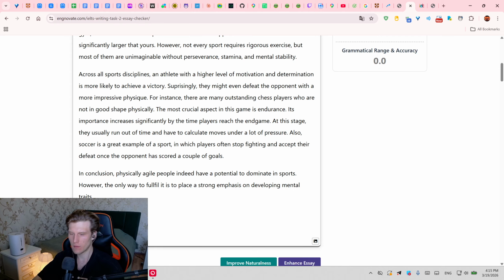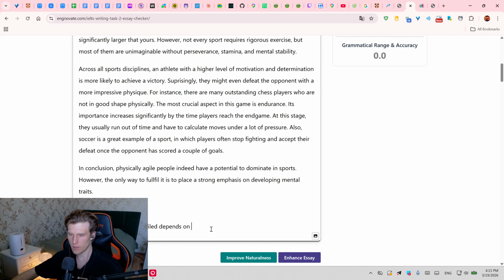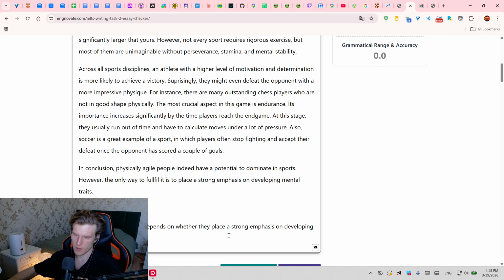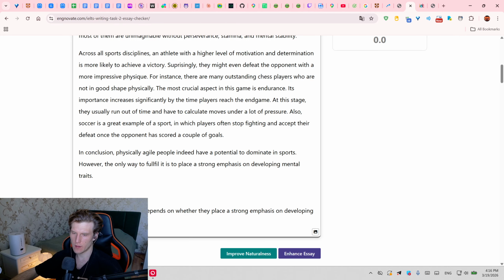However, whether it is fulfilled depends on... however, its fulfillment depends on whether they place a strong emphasis on developing mental traits.